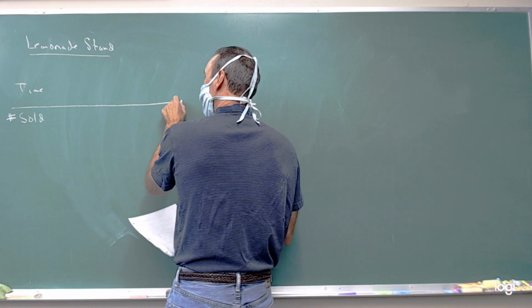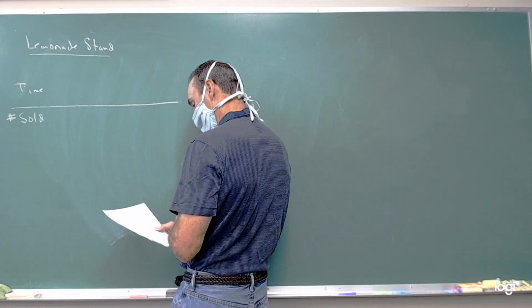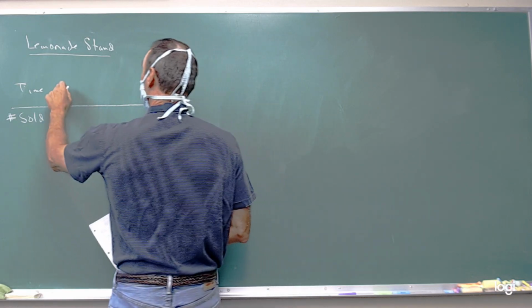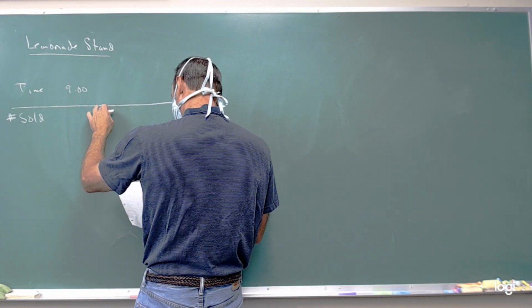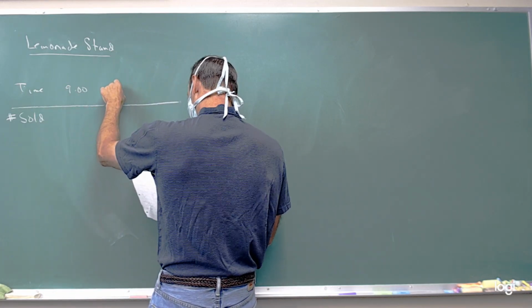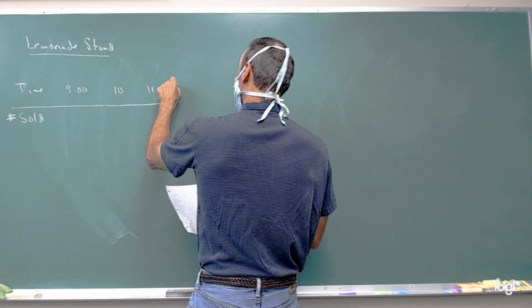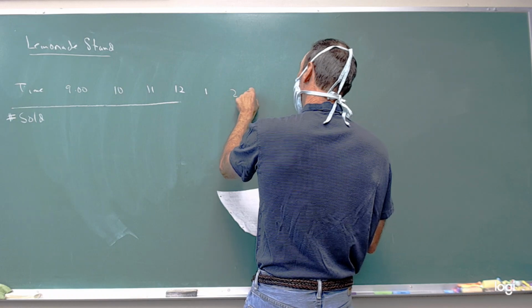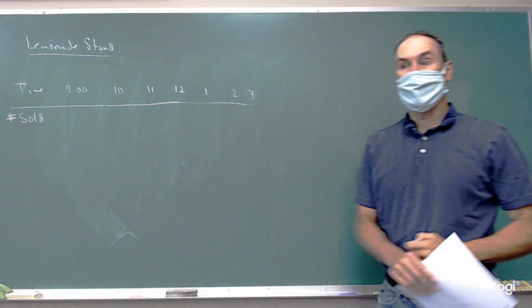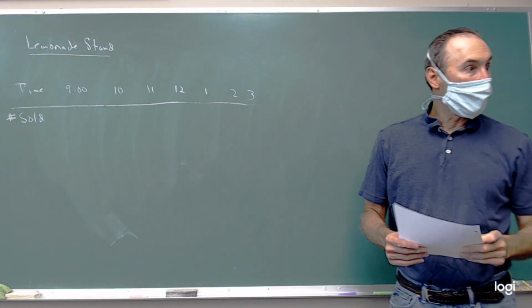And I'm going to give you a table of values here. So I'm going to tell you time of day. So this is going to be 9 a.m. and then 10 a.m. and 11 a.m. and 12 noon and 1 in the afternoon, 2 in the afternoon, 3 in the afternoon. Okay? So there's our independent variable, the time.